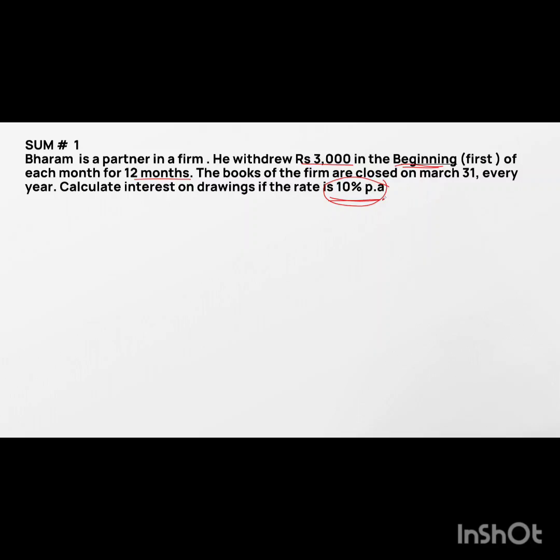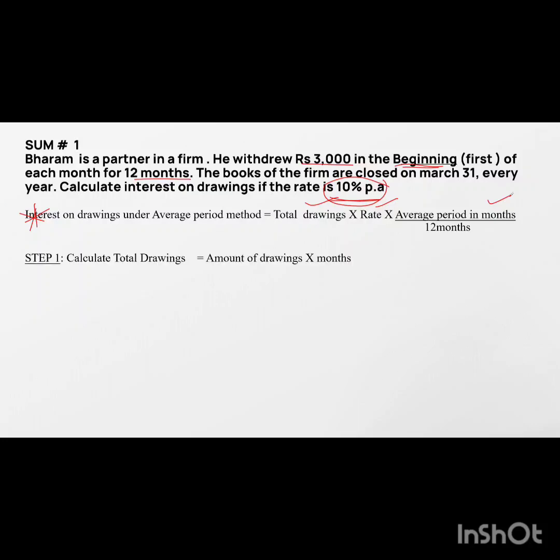The interest on drawings under the average period method is total drawings into the rate into average period in months, divided by 12. As per the formula, the first step is to calculate the total drawings, which is the amount of drawings into months. The amount of drawings is rupees 3,000 into 12 months, which gives 36,000.